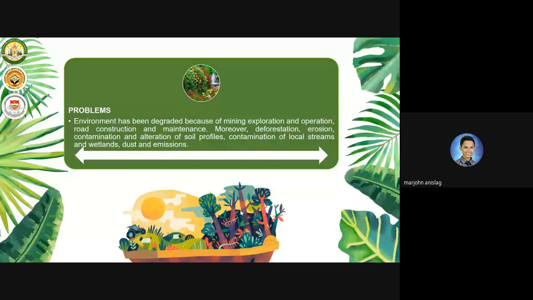Today's problem: the environment has been degraded because of mining exploration and operation, and road construction and maintenance. Moreover, deforestation activities in every place for the conversion of forest land to residential and industrial land can generate erosion, contamination, alteration of soil profiles, contamination of local streams and wetlands, dust, emissions, and climate change as a whole.